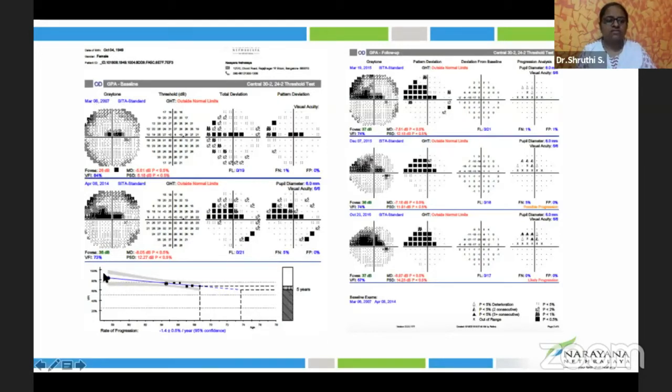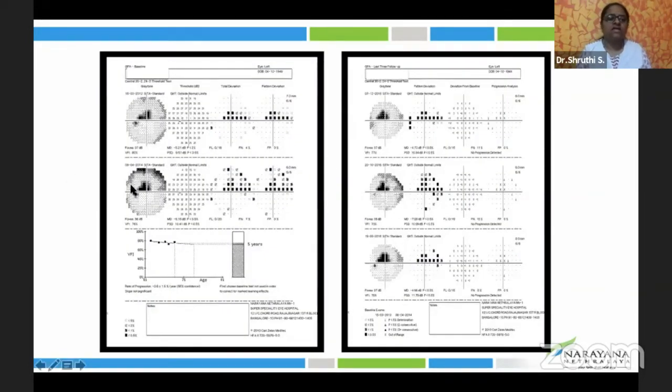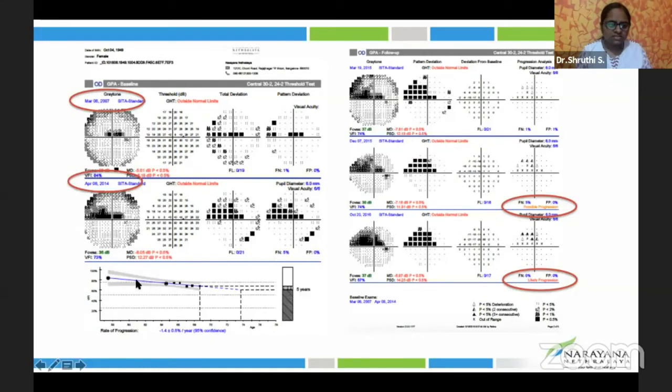If we keep the 2007 baseline as the baseline, the field will continue to show the progression, possible and likely progression. In the same patient, if we change the baseline, if we remove the 2007 baseline, you can see that the trend analysis shows it is stable from 2014, but if you put the baseline as 2007, it shows progression.